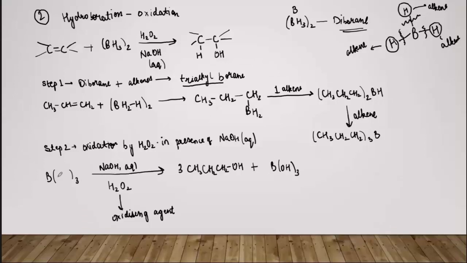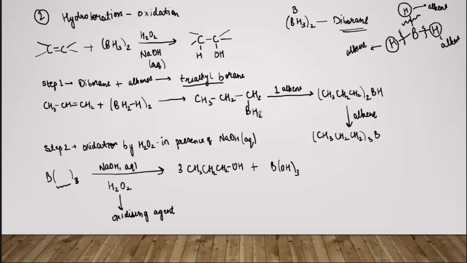Because we had 3 alkyl groups over here, 3 of them, so 3 molecules of alcohol will be formed. Because 3 molecules of alkene have already reacted in the first step, we will get 3 molecules of alcohol as the final product. So these are the 2 steps involved in this case.